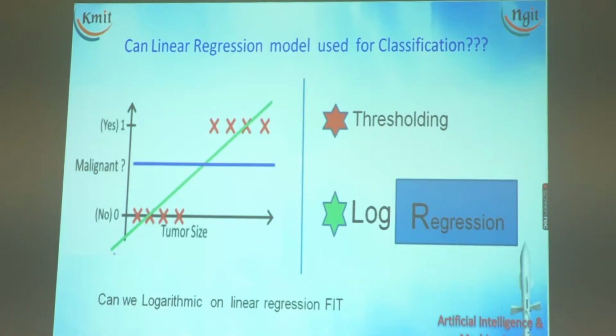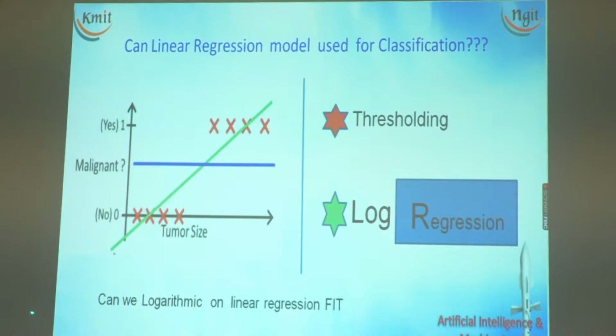Can I use the same fit for classification problems and keep on changing the threshold of my line? I have the tumor size. Tumor exists or not? If I want to predict that, can I take this fit?